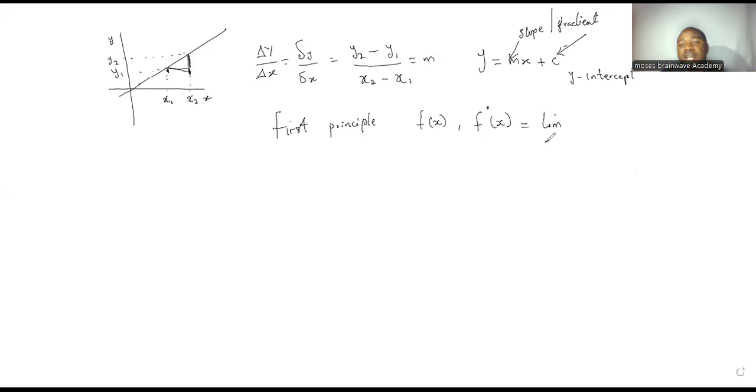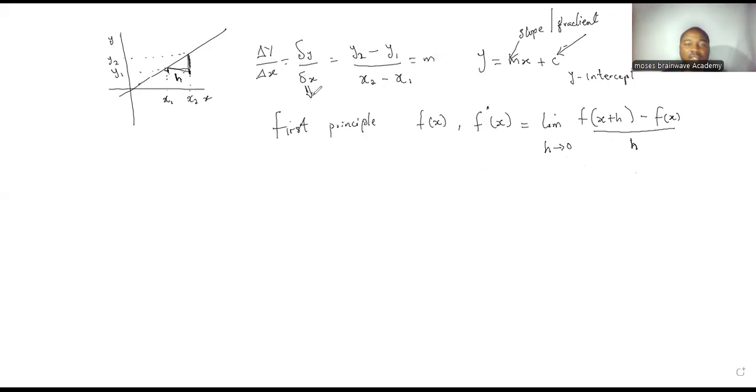So it is the limit as h tends to 0, then you have f of x plus h minus f of x, upon h, right? I can also define it in terms of change in x. What is h? h is just this change in x. So the same thing, this is your h.